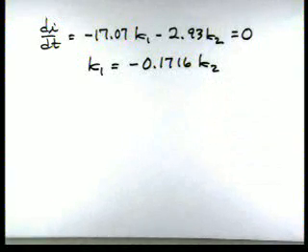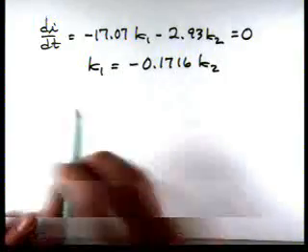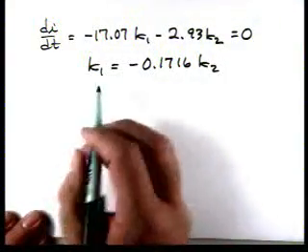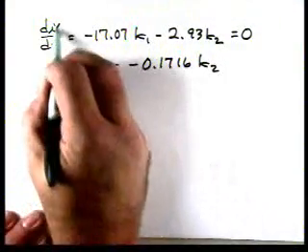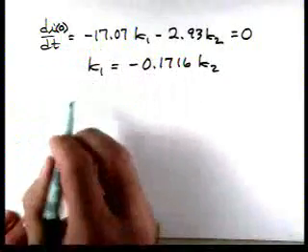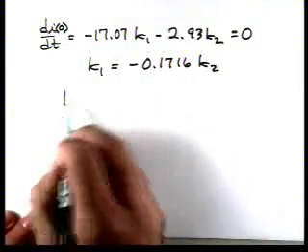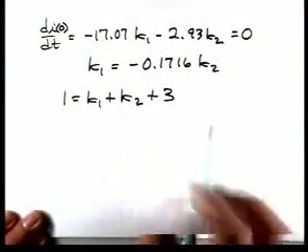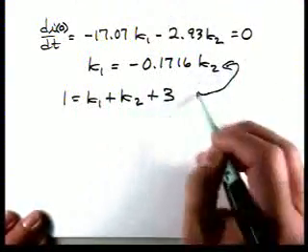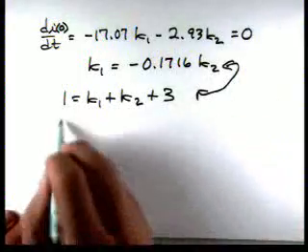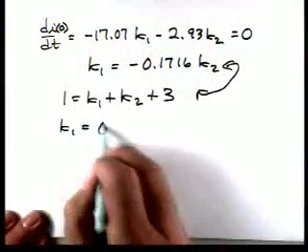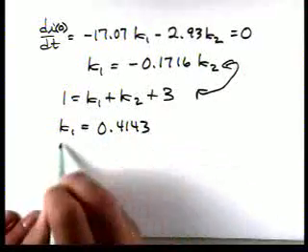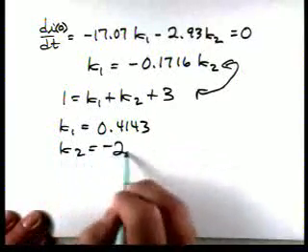So I guess this is di dt evaluated at 0. So now we have 1 is equal to K1 plus K2 plus 3, and we have these two equations. If you solve, you get K1 is equal to 0.4143, K2 is minus 2.4143.